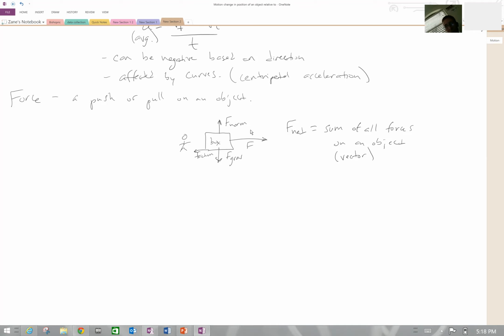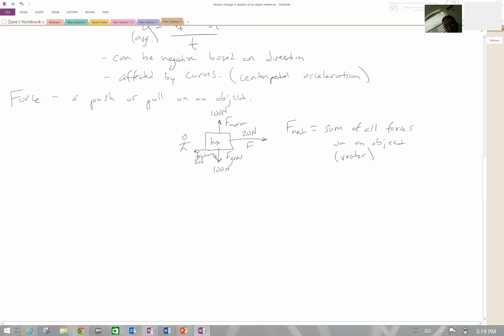So let's say I'm pushing this box with a magnitude of 20 newtons, and let's say that the box has a gravitational force of 100 newtons, and that would make the normal force also 100 newtons. And now let's say that the frictional force, or the force exerted by the surface against my push, is only 5 newtons.